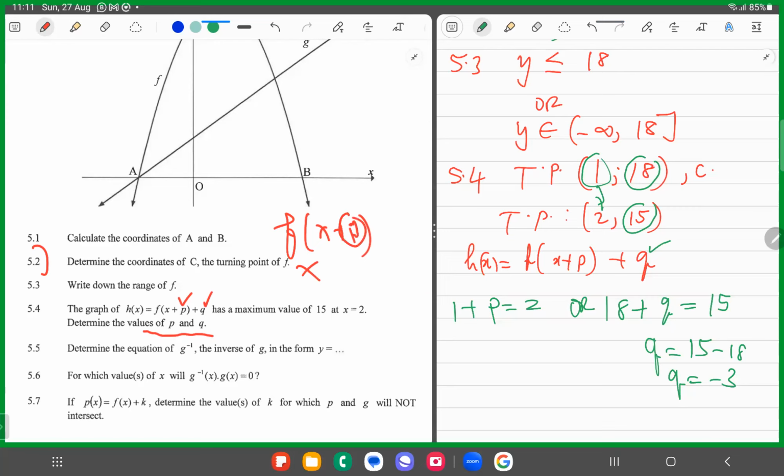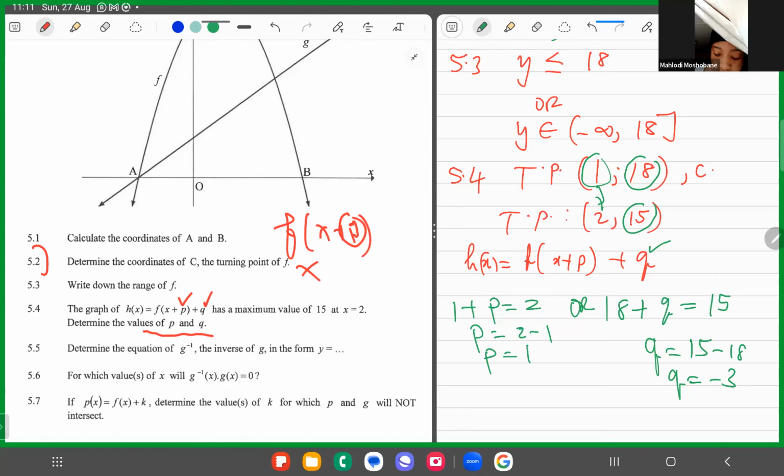So it's going to be 2 minus 1, which is exactly 1. So you get p is 1.